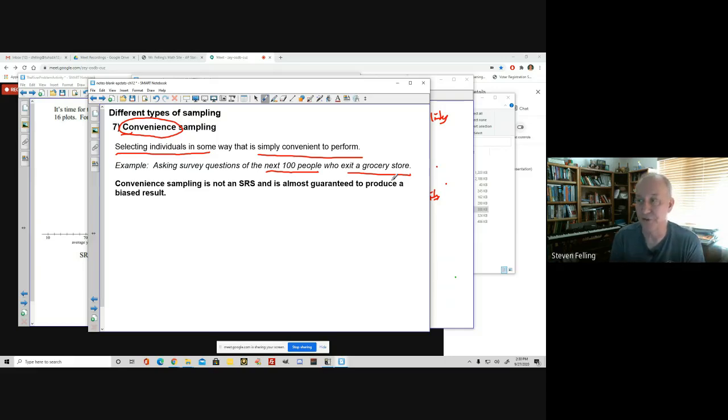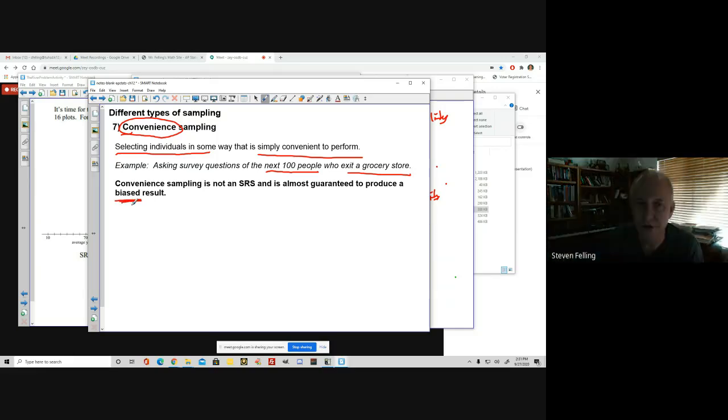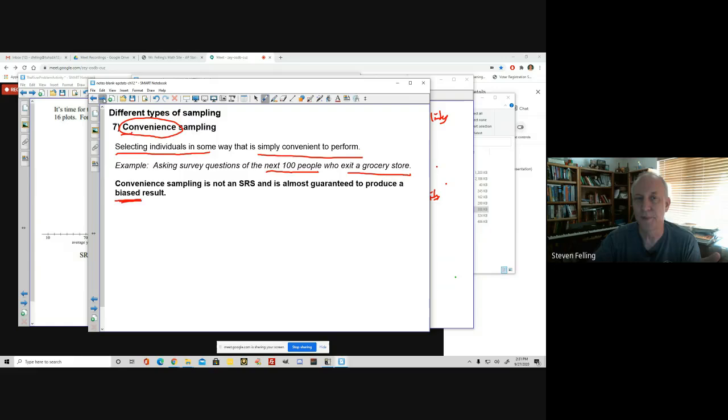Well, that's convenient for you as the researcher, but that's not going to be very representative of the population as a whole. It might be fairly representative of the population who shop at that time of day at this particular store in this particular city, but that's not going to be generalizable. It's almost guaranteed to produce an undercoverage bias, right? So that's a bad sampling technique. The other ones are reasonably okay.